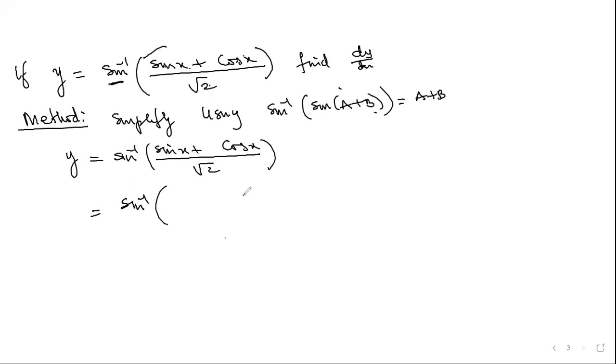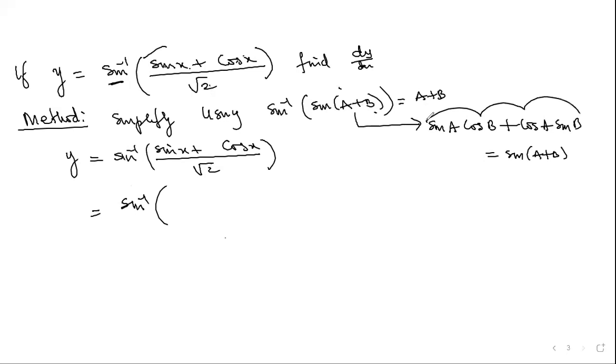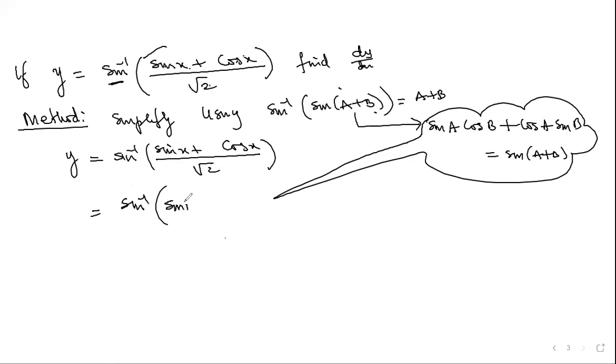We need to bring sine a plus b's formula: sine a cos b plus cos a sine b. In this format, we have to arrange it. So sine a is sine x, then 1 by root 2 plus cos x into 1 by root 2.